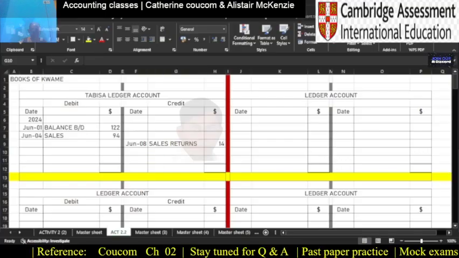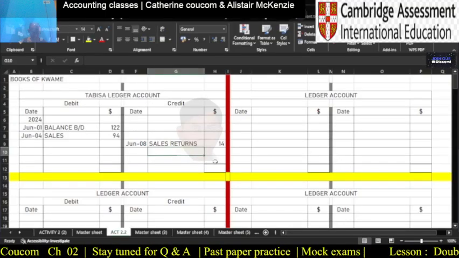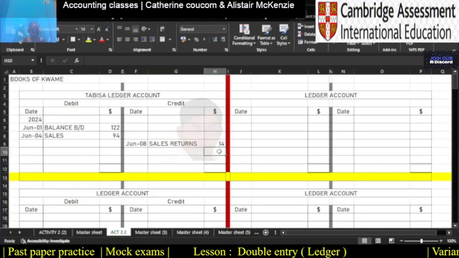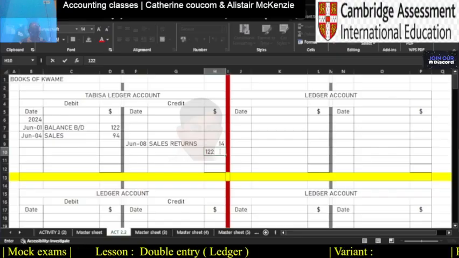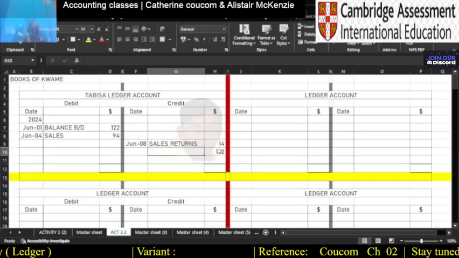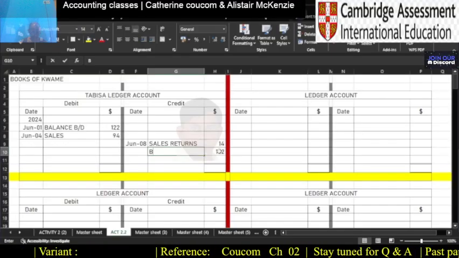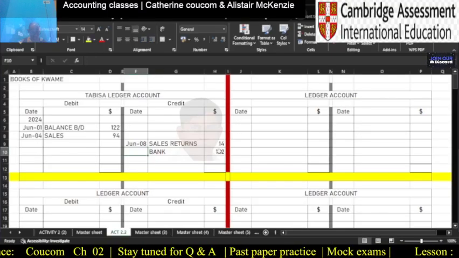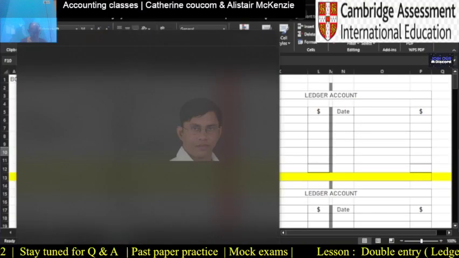So she is the giver. She has given 122. Tabisha has given by bank transfer. On June, what date? 24.